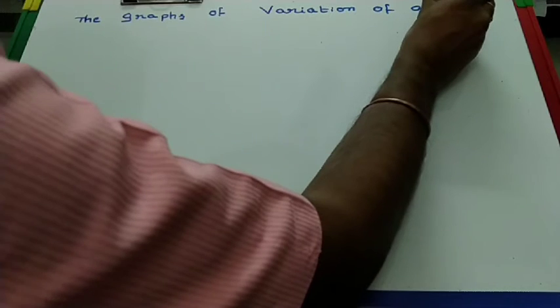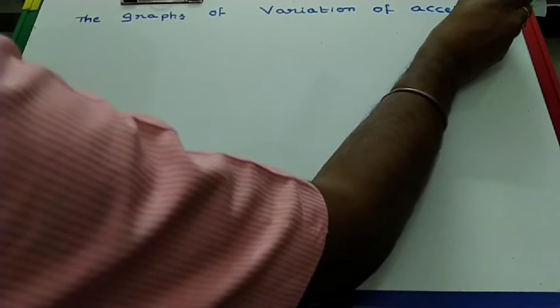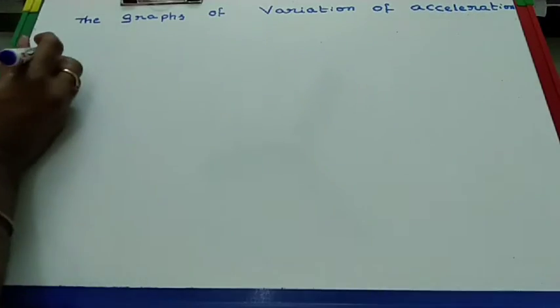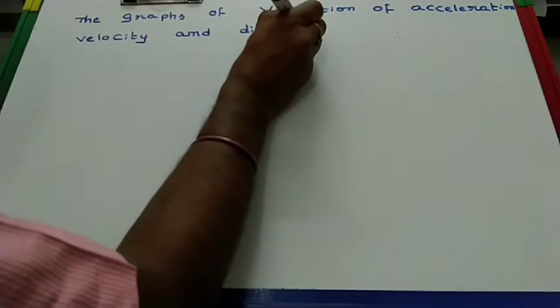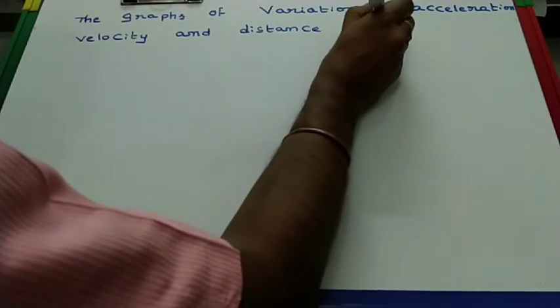Now the graphs of variation of acceleration, velocity and distance with time.